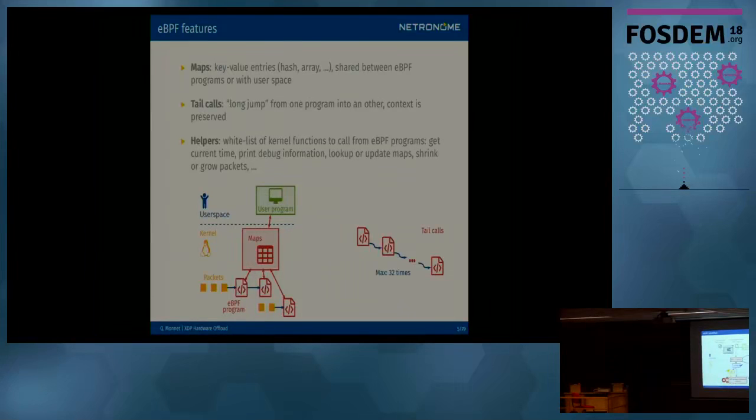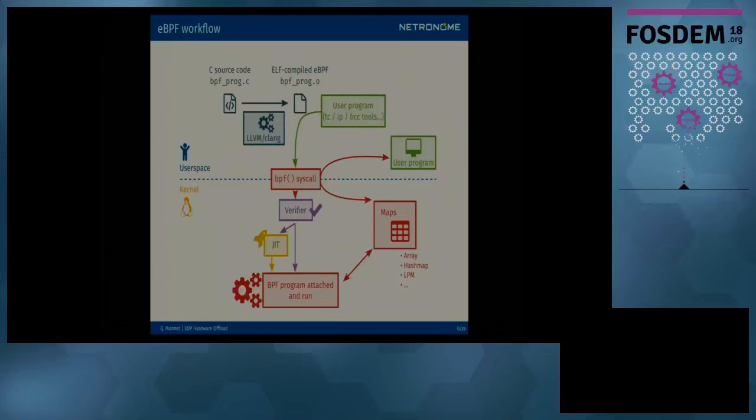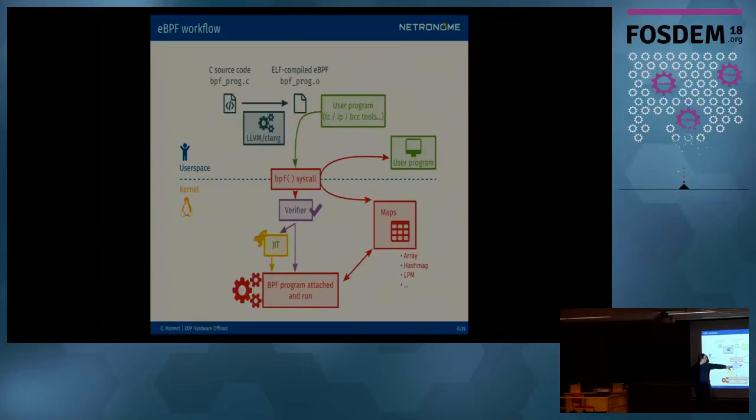So that's a diagram of the BPF workflow. Typically, I would write my program in C source code. I would compile it with LLVM or Clang and inject it into the kernel. So say I want to attach my program to the TC interface, I will use TC in the command line to inject that program through the BPF syscall. It will be checked by the verifier. If it passes the verifications, then it can be loaded as a program or possibly JIT compiled.